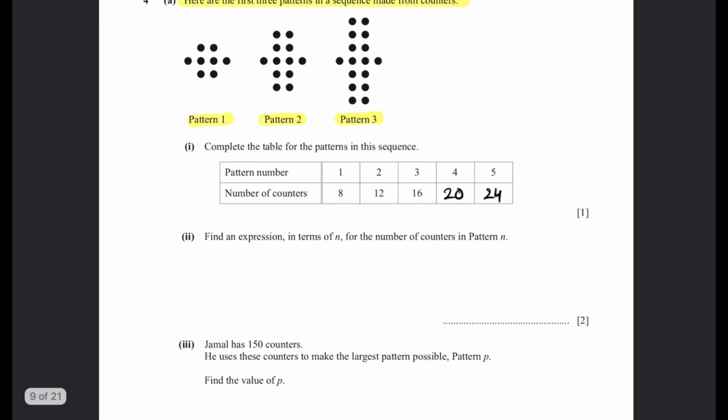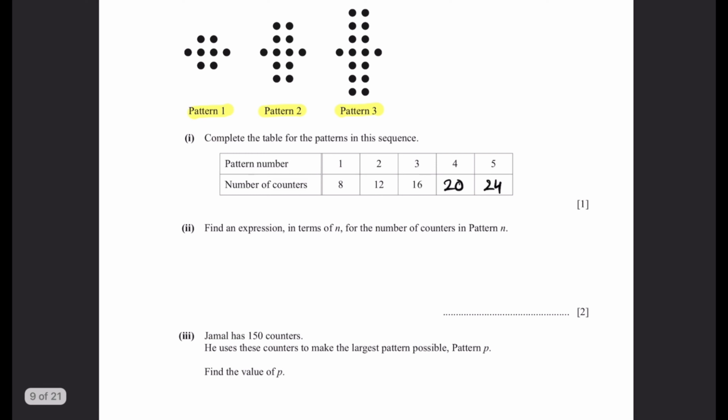Find an expression in terms of n for the number of counters in pattern n. 8, then 12, then 16, 20, 24, and the difference is 4, 4, 4, 4.